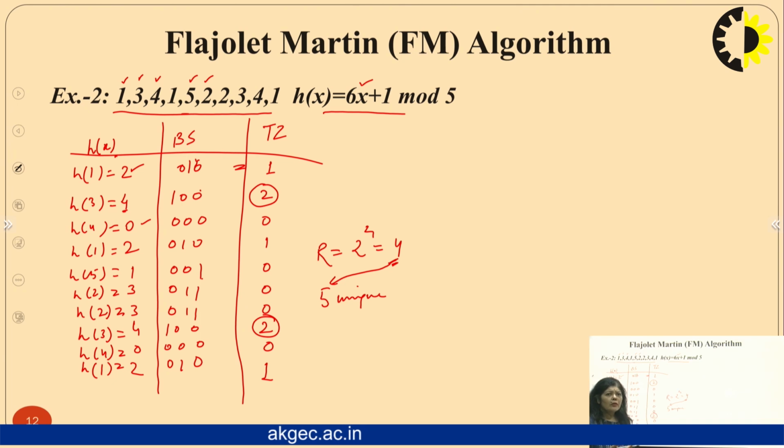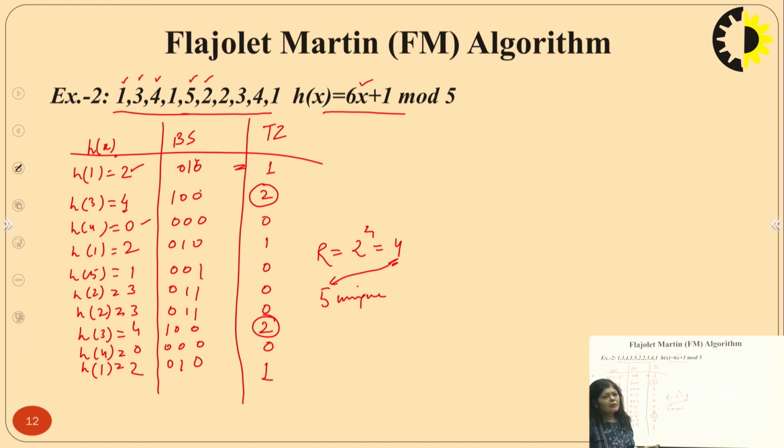Right now it looks awkward because we only have a small stream, but when your data size increases and you have a very lengthy stream where thousands or millions of data items are present, then if, for example, there are 50,000 unique elements in the stream and your algorithm predicts something like 49,569 unique elements, this is very close to the exact solution, and we can approximately have an idea of how many unique elements are present in the big data stream which we are processing. So we are fine with that solution.